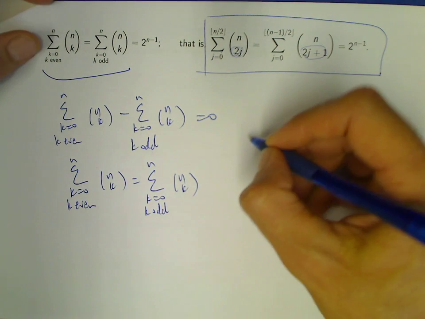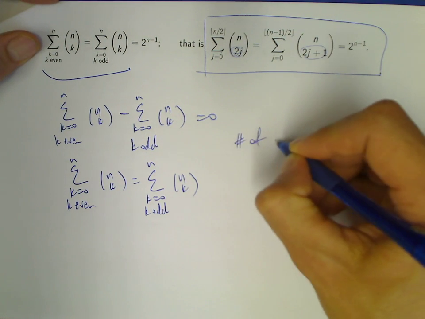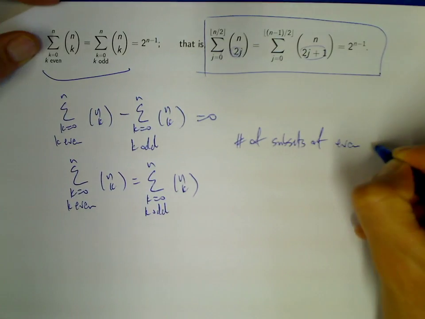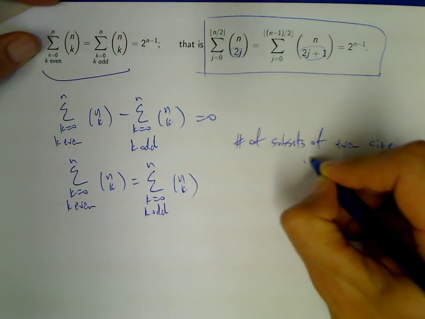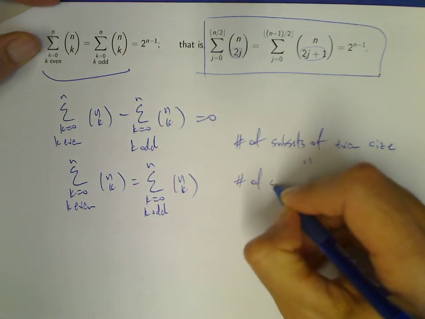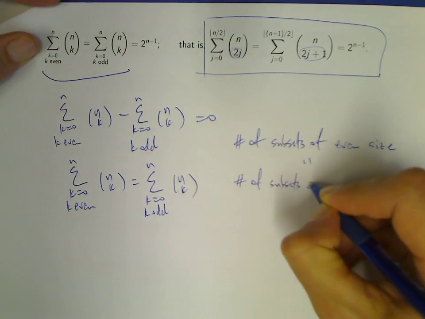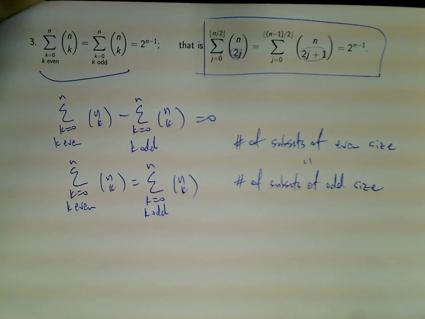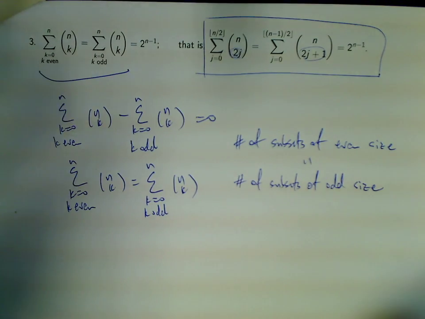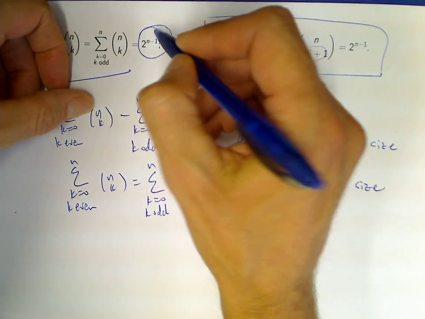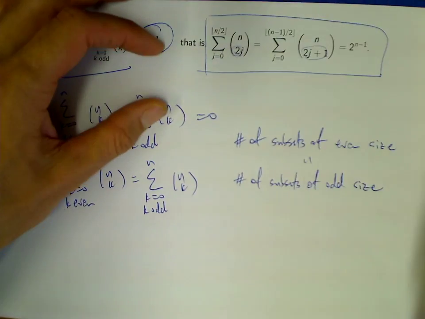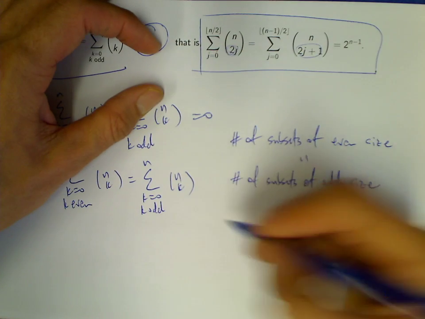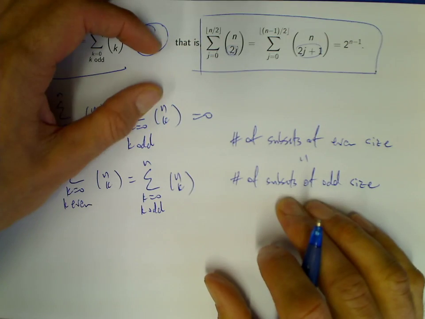Right, so the number of subsets of even size is equal to the number of subsets of odd size. And so that's going to be equal to 2 to the n minus 1, right? Because what we see from this is that half of the subsets must be even and half must be odd.